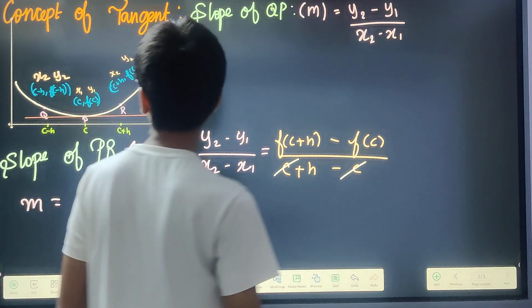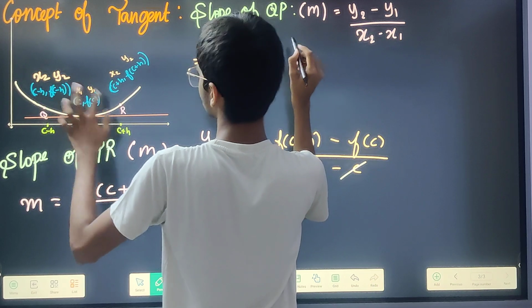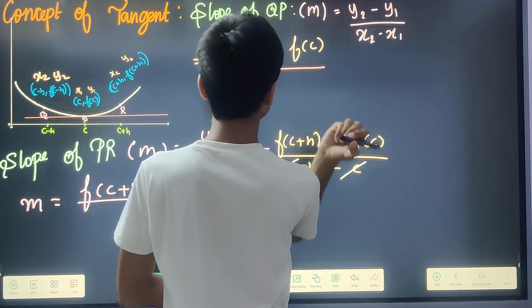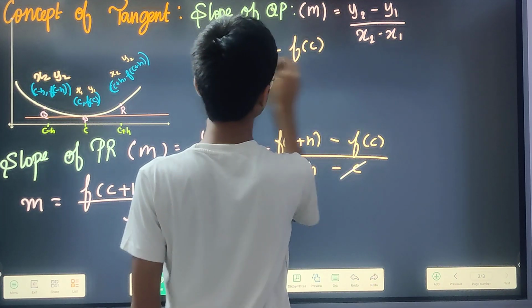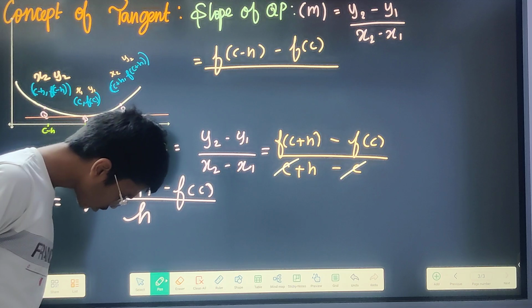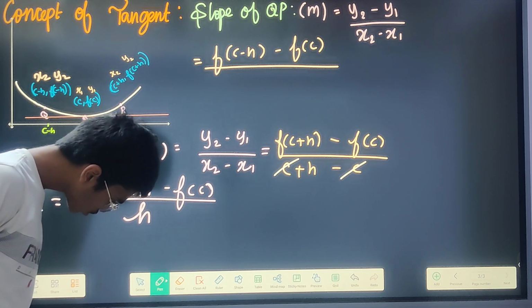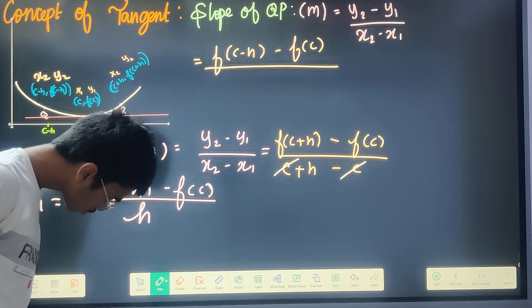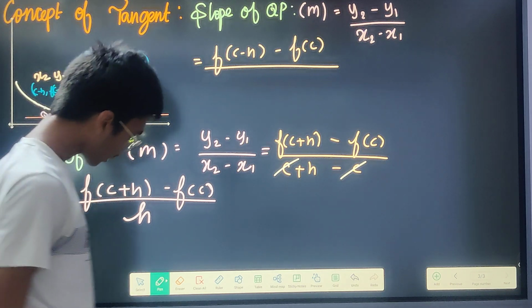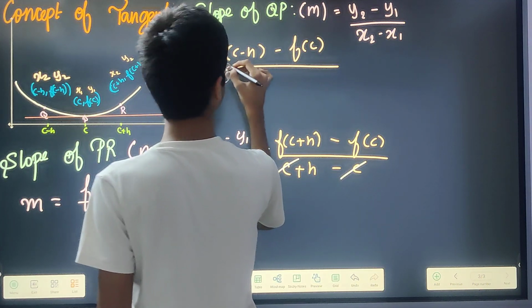So what is y2? y2 is going to be f of c minus h, minus this one, y1, is going to be f of c, whole divided by x2.